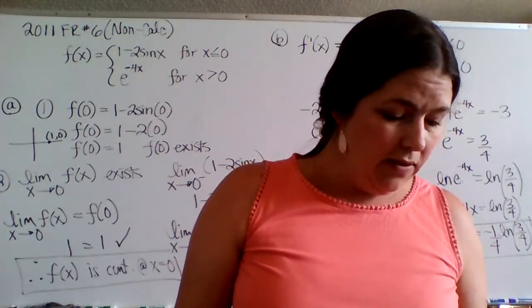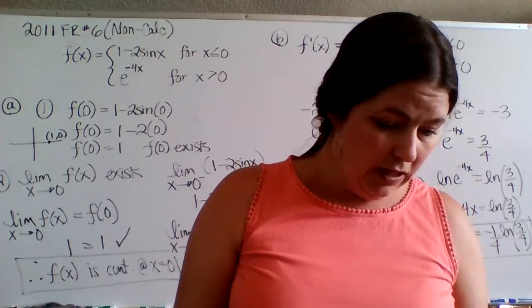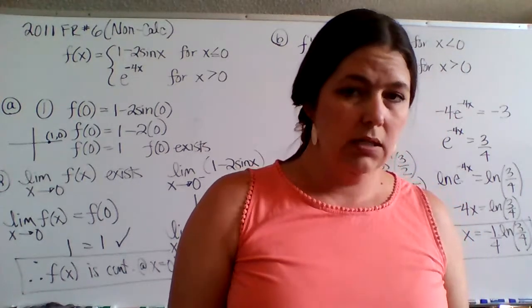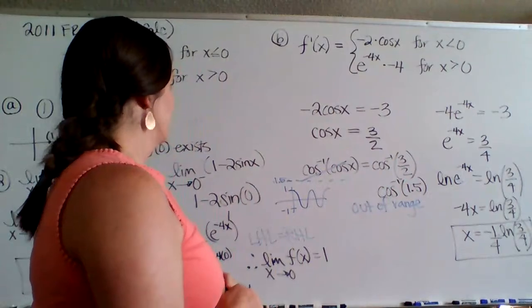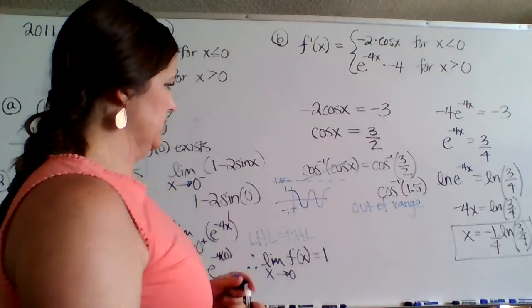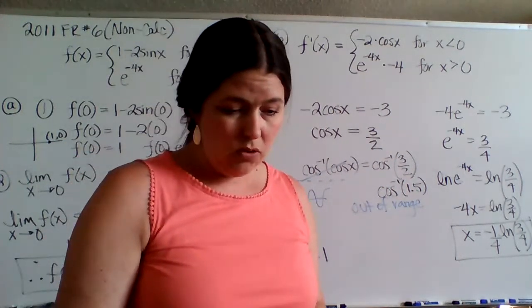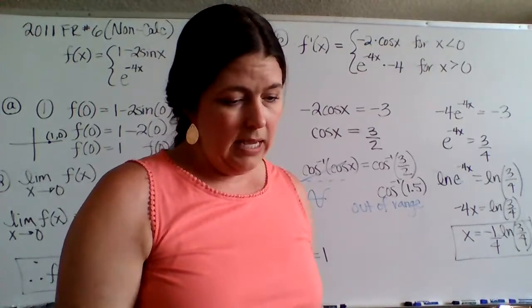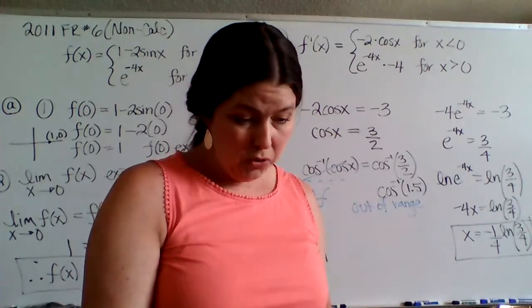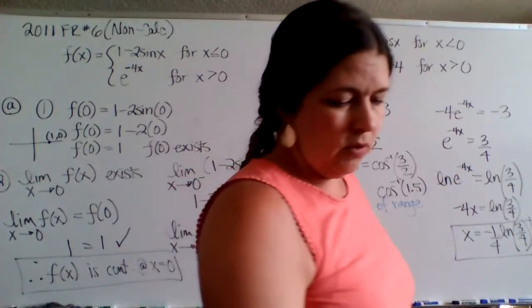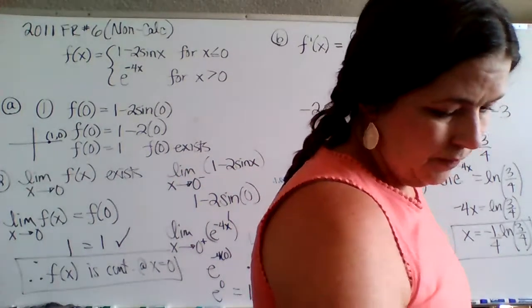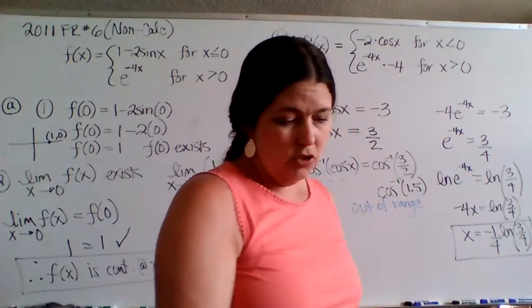Part C, find the average value of f on the interval from -1 to 1. And I think I'm going to need more room, especially since this is non-calculator. So before I do part C, let's go over points real quick on A and B. So A is 2 points. Typically, if you have to do the 3-part definition for continuity, it's going to be 2 points.